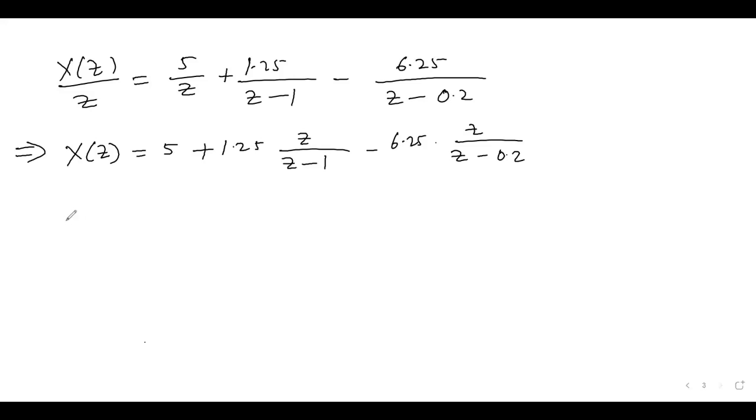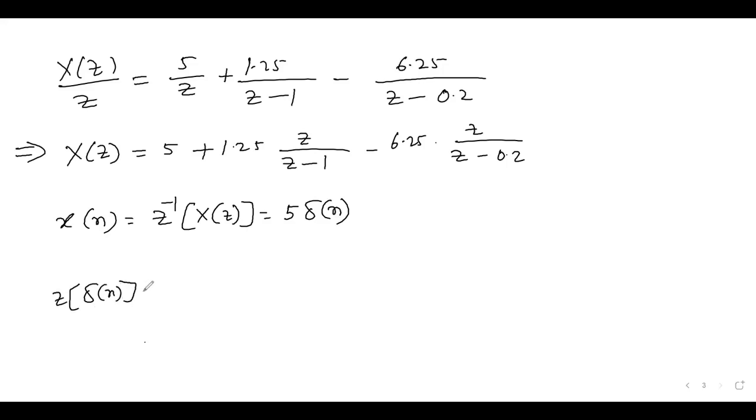What will be the xn, the z inverse of Xz? 5 এর z inverse কত? 5 into 1. What is the z inverse of 1? We know z transform of delta n equal to 1, so z inverse of 1 is equal to delta n.